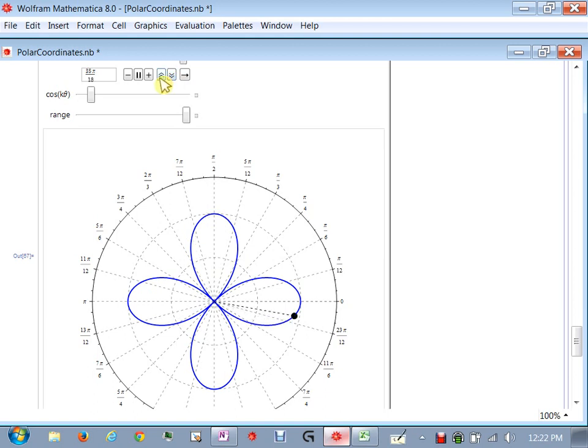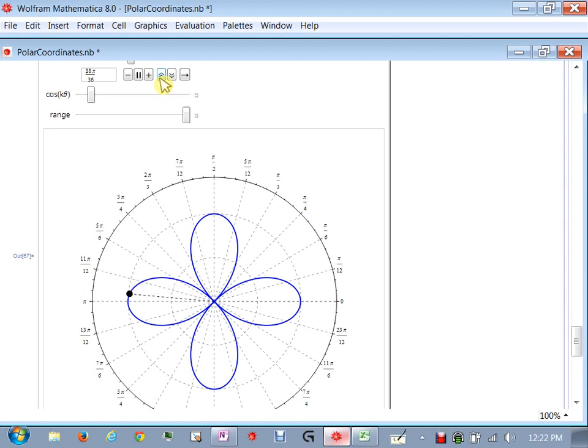So you see it? Here we go. It's going to go like this. And then there's your negatives. And then like this. And then like this. Okay? Does that make sense to you?